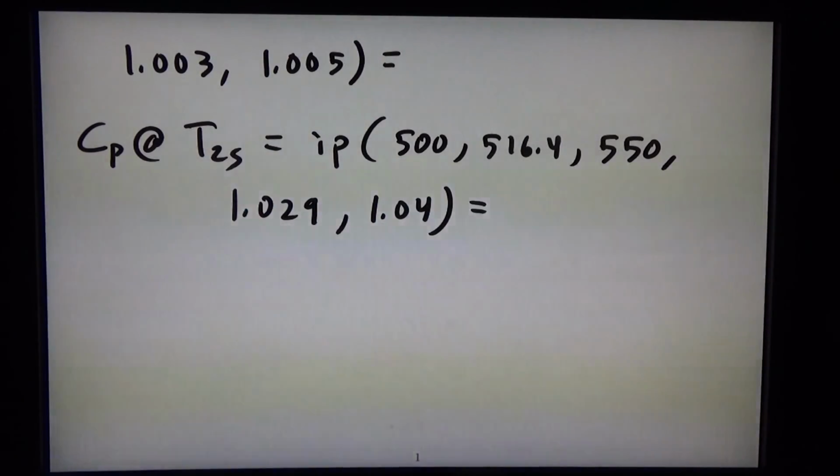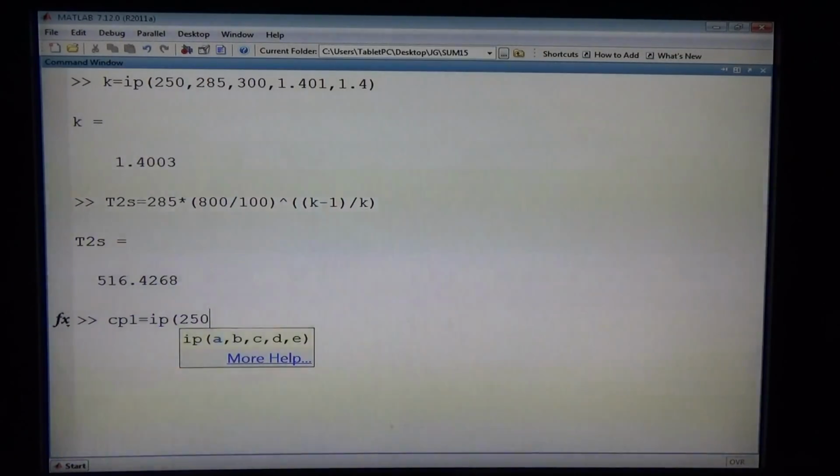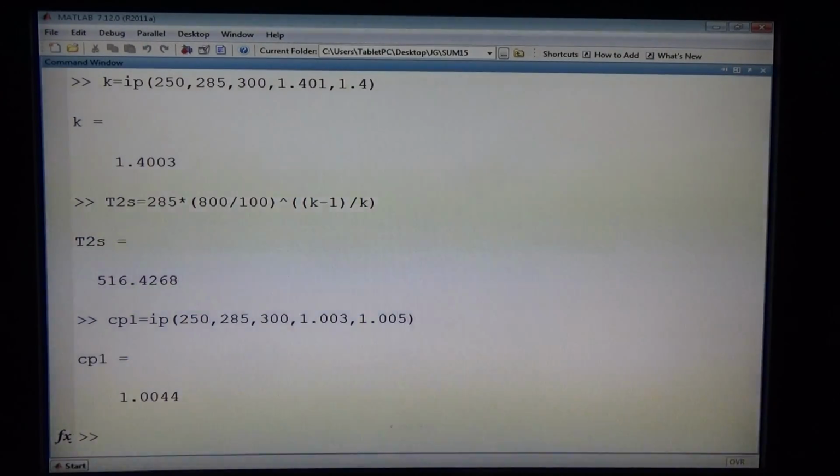So our interpolations here for C sub P at T1, interpolating 250, 285, 300, 1.003 and 1.005, we get 1.0044.